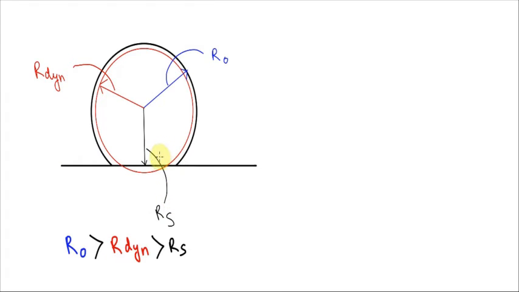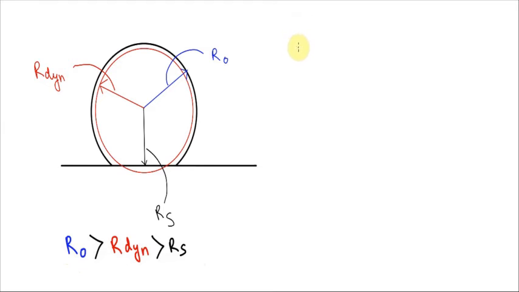And the main radius which we need to take into consideration is the dynamic radius, that is when the vehicle is rolling, at that time the radius of the tire is different. So the relation, as I have shown over here, is that the radius of the tire in static condition is the maximum, the r dynamic, which we will consider in our calculation, stays in the middle, and the lowest is the static radius.